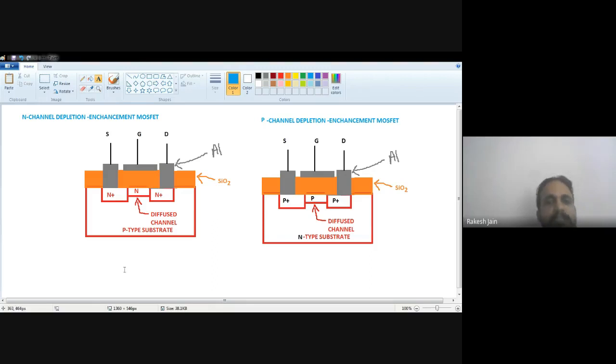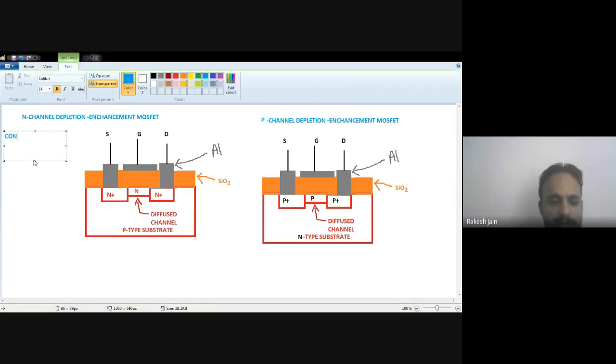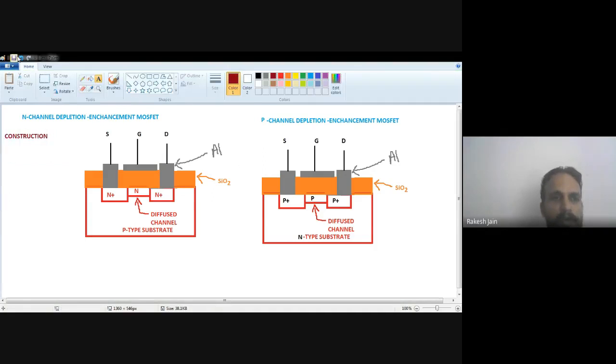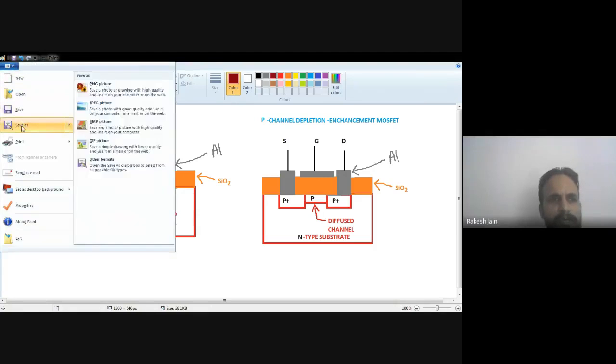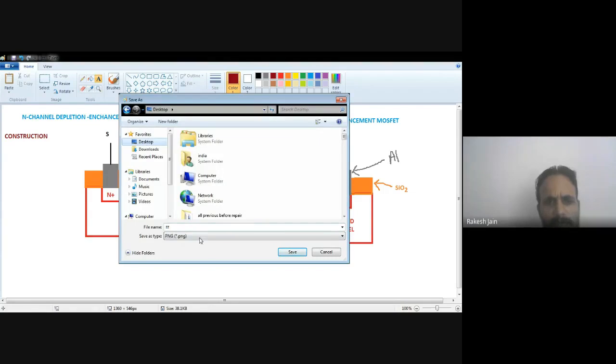So this is the construction of N-channel and P-channel depletion enhancement MOSFET. This is your construction part, which is now completed. So how to construct an N-channel or P-channel depletion enhancement MOSFET? It is now completed. Now we will see the next slide. Wait for a while. I just save this slide under another name.